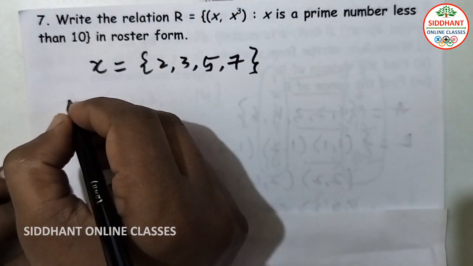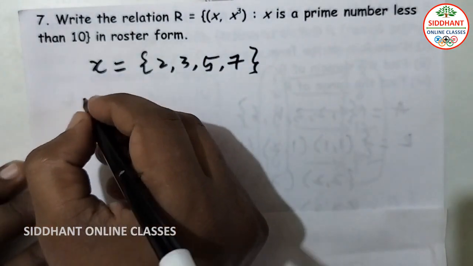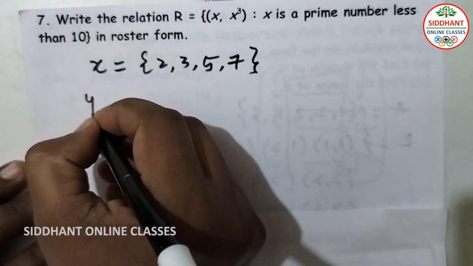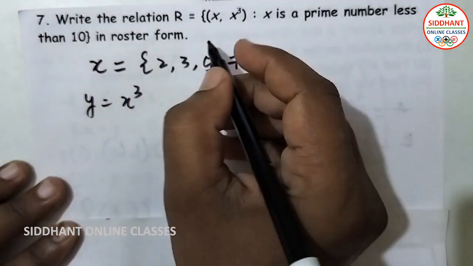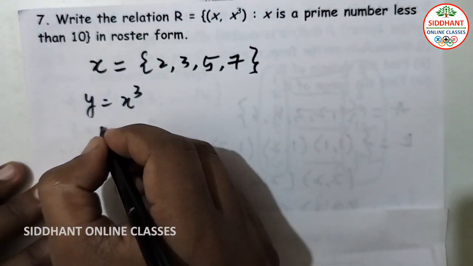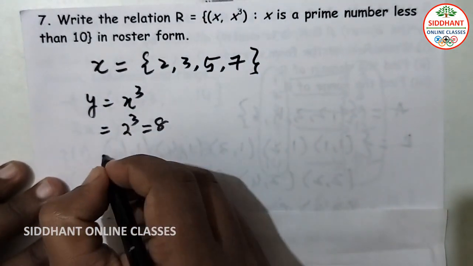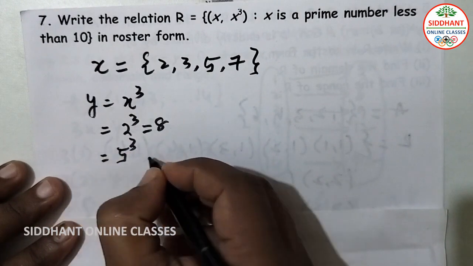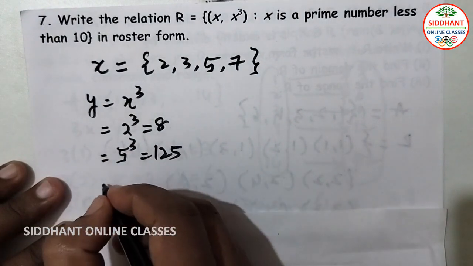So the condition given here is y is equal to x cube. So here we are going to input 2. 2 cube, that will be 8. 5 cube, that will be 125.